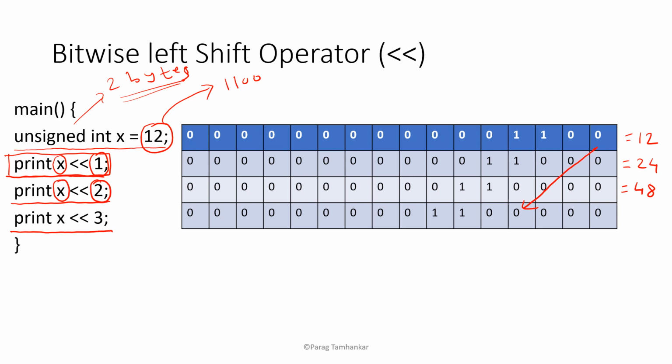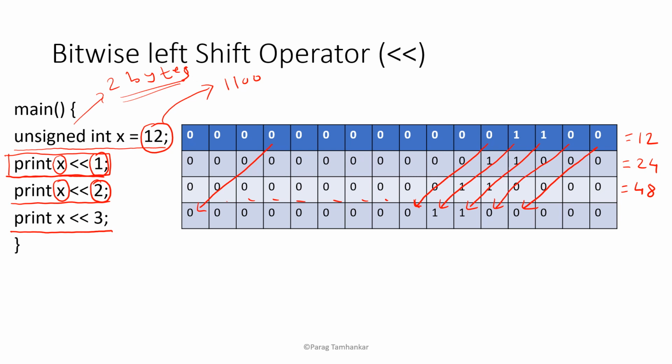So this 0 will come here, this 0 will come over here, this one, this one, and so on down the line.